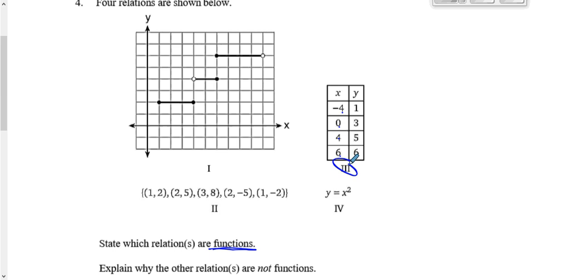Well, let's see. Let's look at some inputs. Here's our input axis. Let's input x of 1. How many outputs does it have? 1, right? Now, wait a minute. What's that open circle mean? Not included.